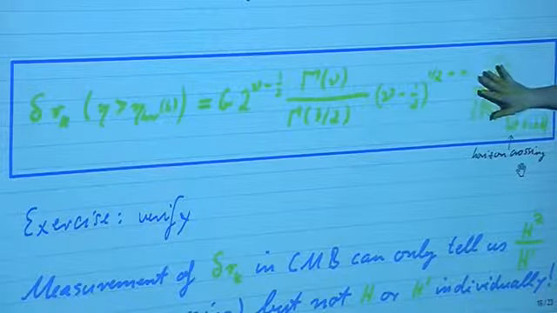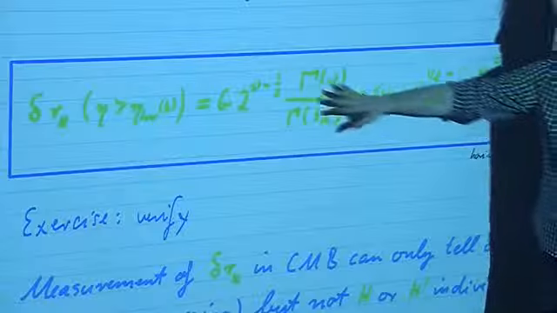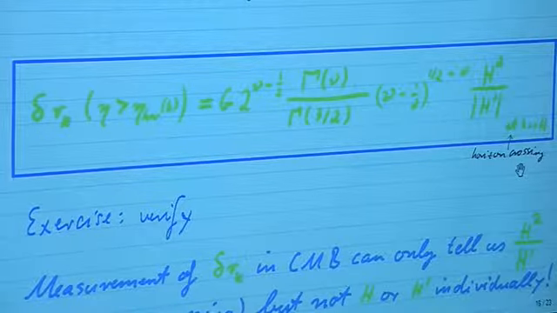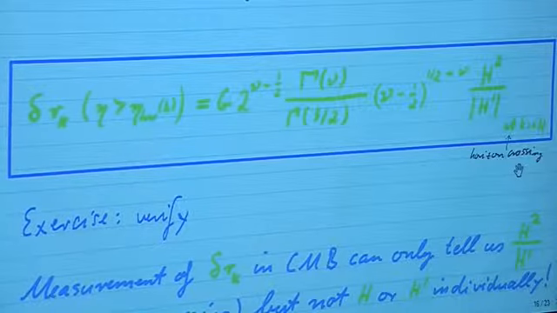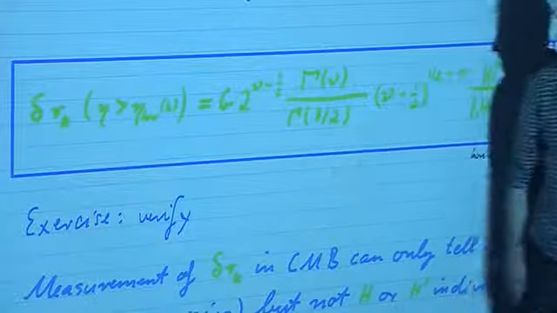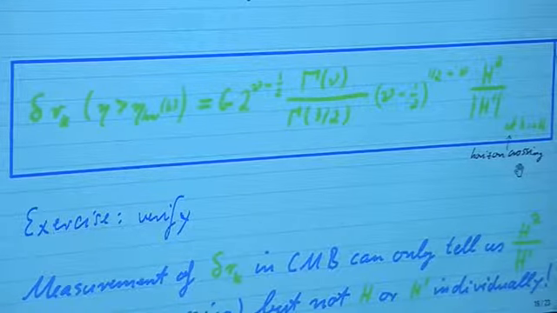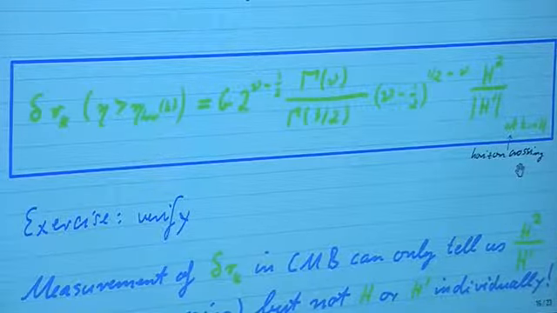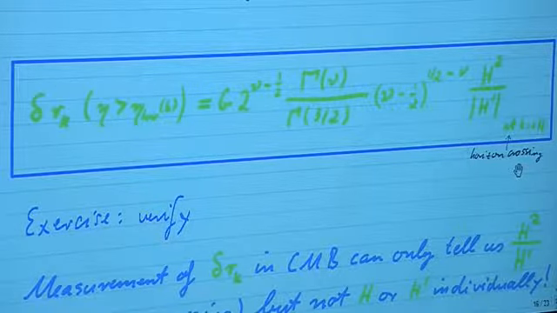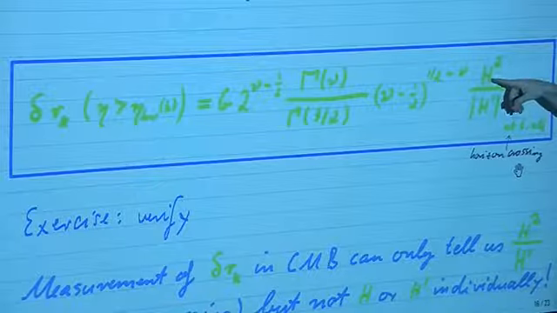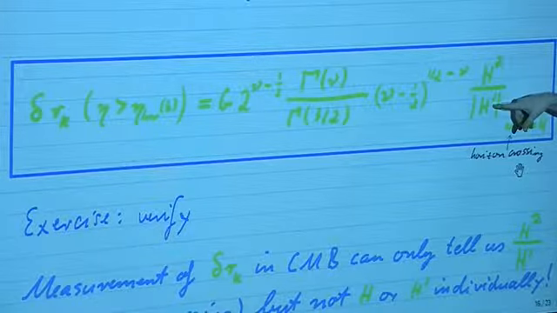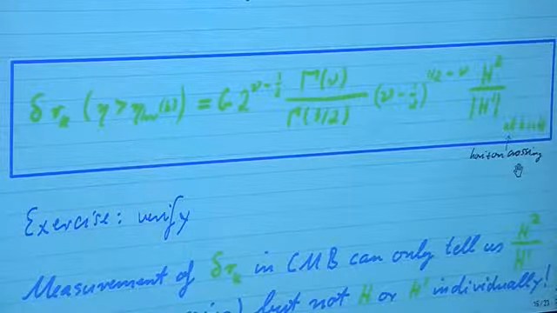It's very important. Other models for the origin of quantum fluctuations would have a k-dependence in this, but we don't have that. We have a so-called flat spectrum. But how large these quantum fluctuations are, we can really only predict if we know what H is and what H prime is. Or turn it the other way around.